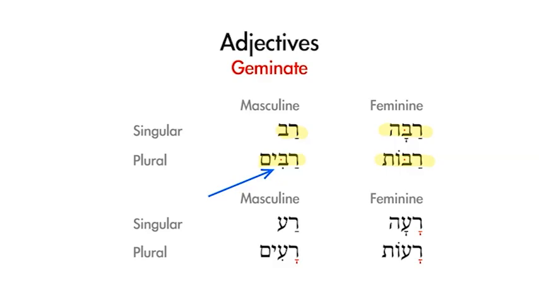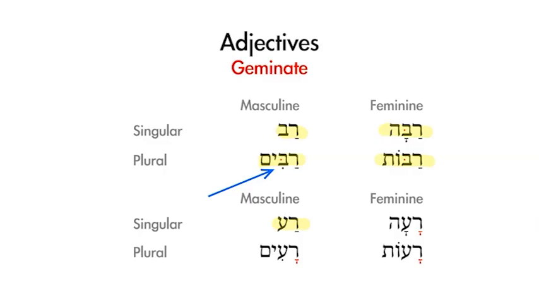Now, what happens when the geminate consonant is a guttural, as in our second example down here below? Here we have resh and ayin, which was originally resh, ayin, ayin, but you can't put a dagesh forte in this particular geminate consonant because the dagesh forte is rejected by the guttural. So what happens is you get compensatory lengthening.